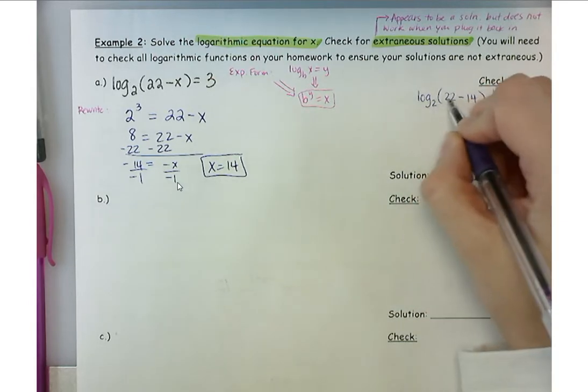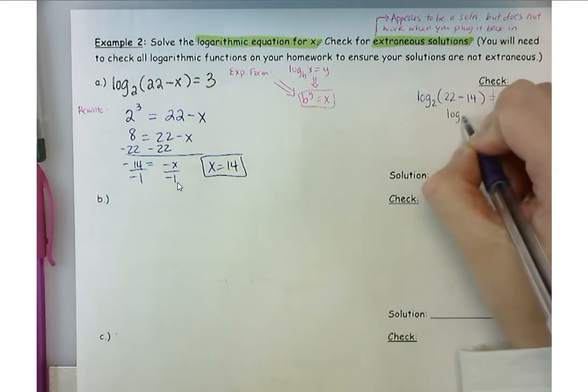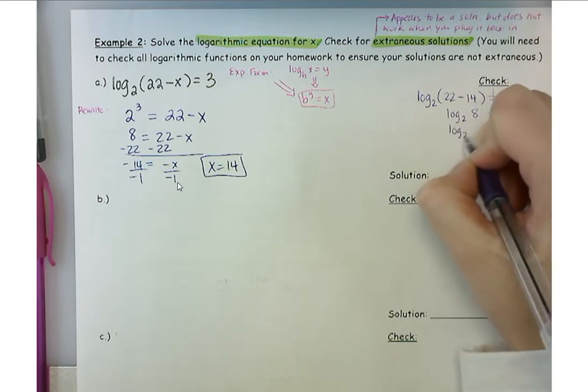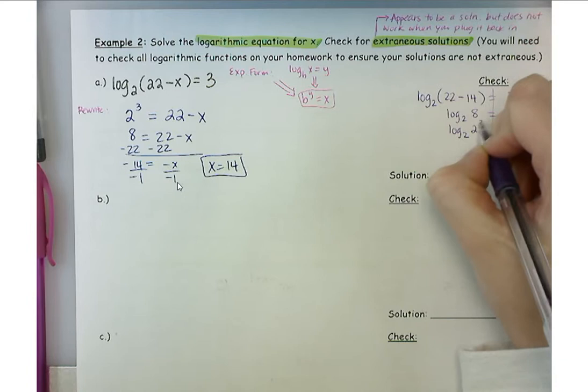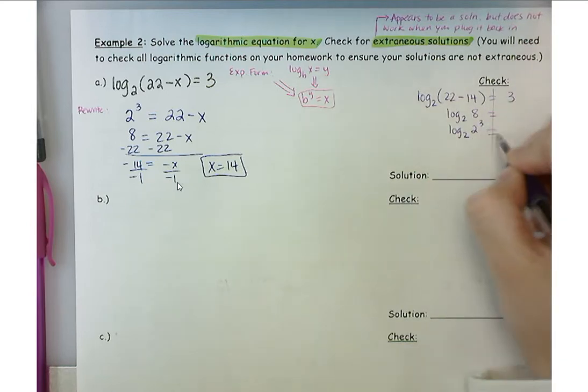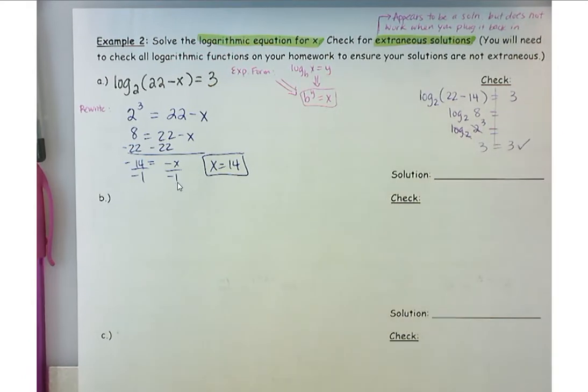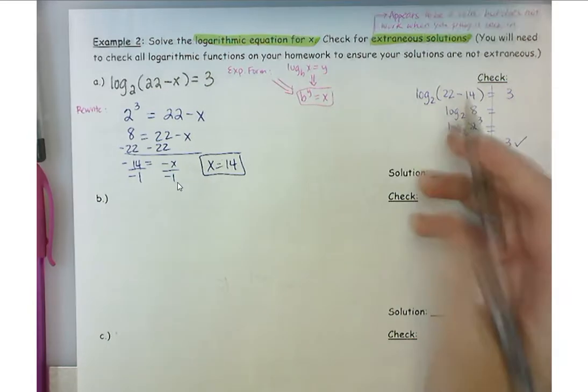So 22 minus 14 is 8, right? And then you could show me this way: 8 is 2 cubed. What's going to happen here? The log and the base cancel, so then you'll have 3 equals 3. Yes. So you're just showing the steps for how you're simplifying that one side of the equation.